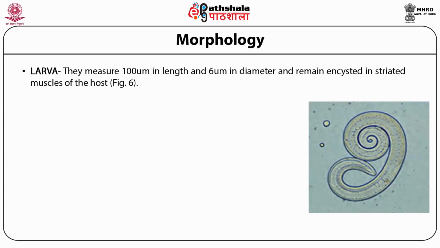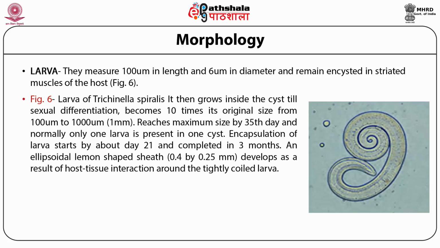Larvae. They measure 100 micrometers in length and 6 micrometers in diameter and remain encysted in striated muscles of the host. It then grows inside the cyst until sexual differentiation, becoming 10 times its original size, from 100 micrometers to 1000 micrometers. It reaches maximum size by the 35th day and normally only one larva is present in one cyst.